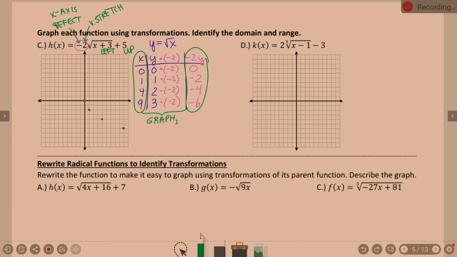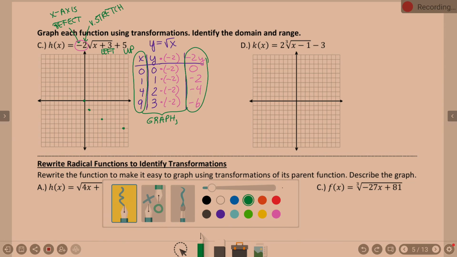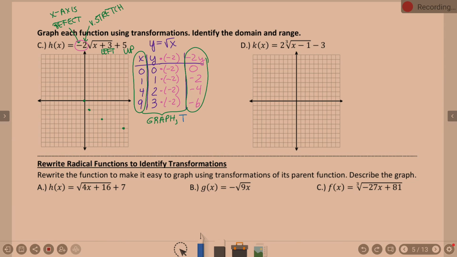We now have to take that graph and move it where? Yep. Left 3, up 5. So I'm going to take each of my green points and move them left 3, up 5. 1, 2, 3. 1, 2, 3, 4, 5. Do that with each of your dots. Is that the last one? Yes.